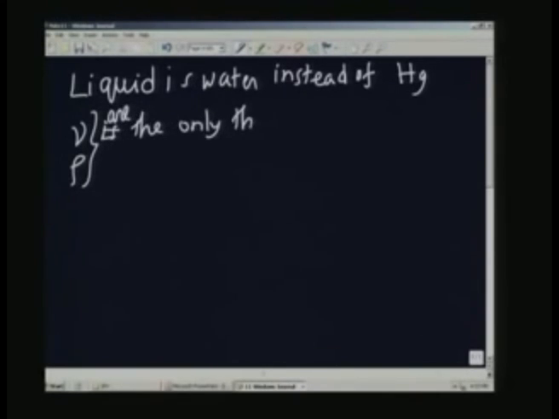Of course, the change in the density is important because the U-tube now will measure a much smaller pressure difference across the U-tube. The head corresponds to a much smaller pressure.